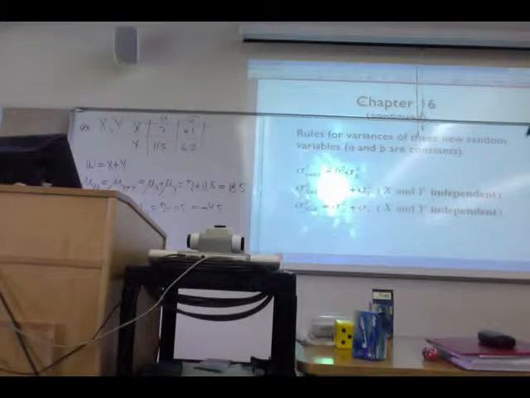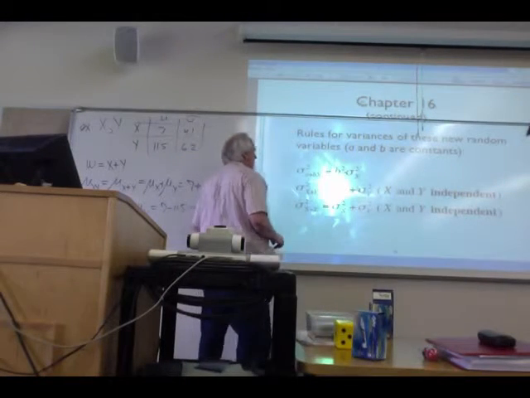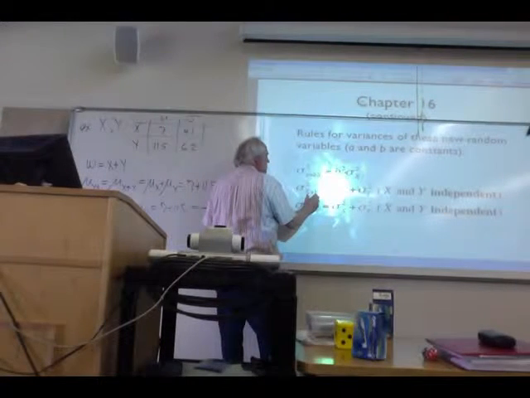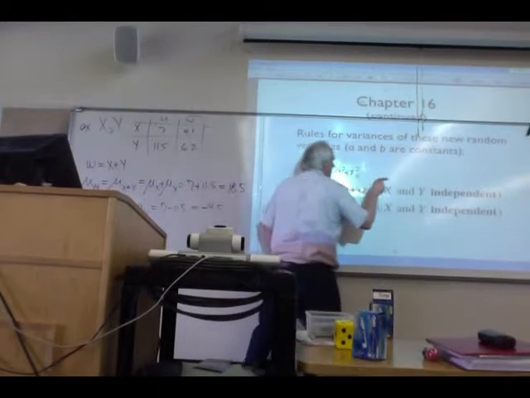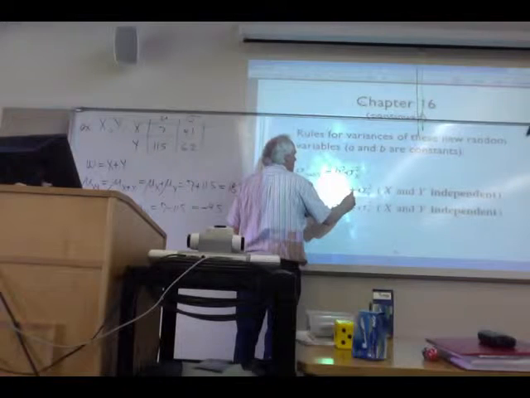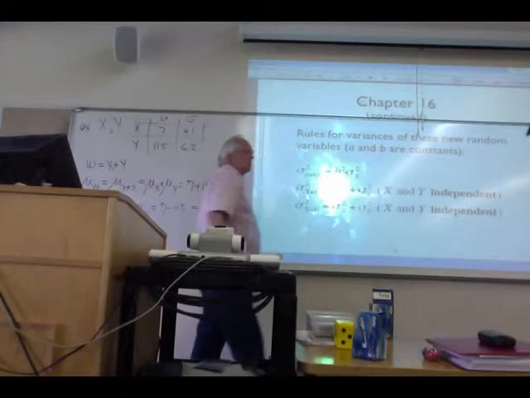They are independent. Okay, now, when that is the case, this rule here holds. The variance of the sum of 2 random variables which are independent is nothing more than the sum of the variances of the random variables x and y by themselves.